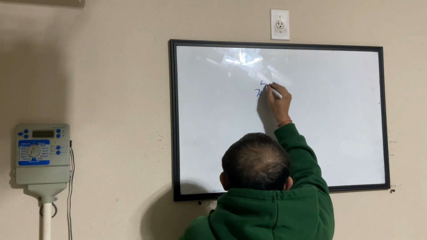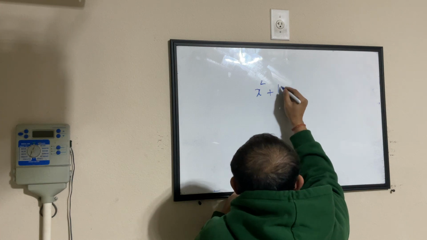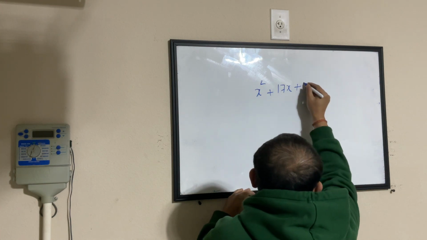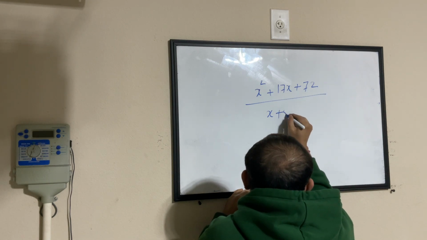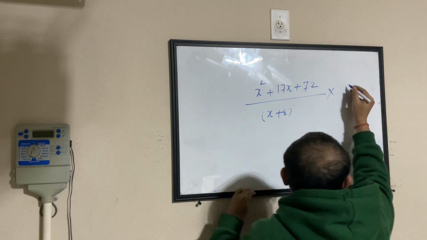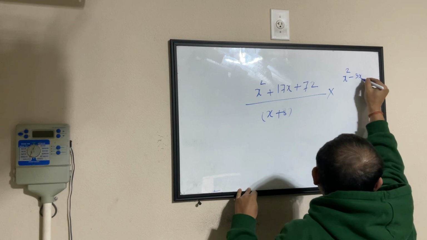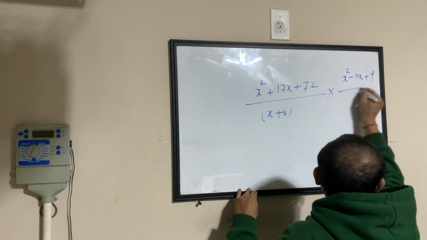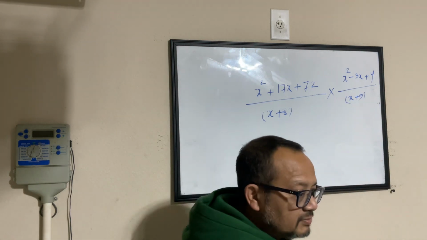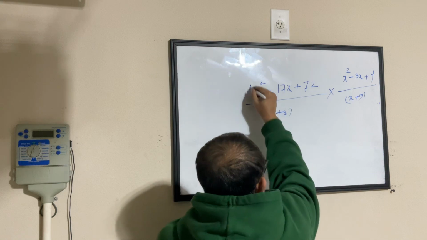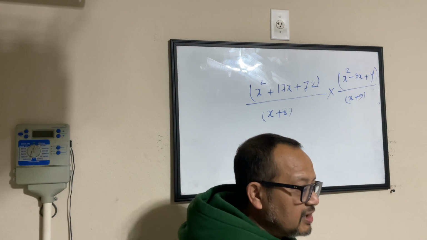If I say x squared plus 17x plus 72 divided by x plus 8, multiplied by x squared minus 3x plus 4 divided by x plus 9. So essentially we have this rational expression and this rational expression. We are trying to multiply them.